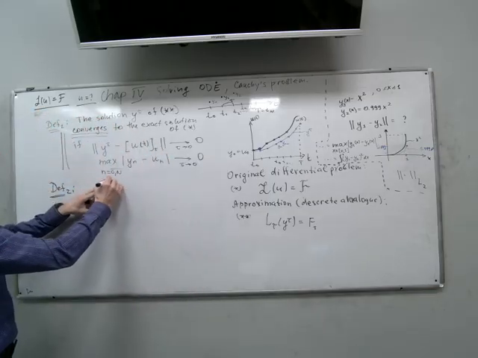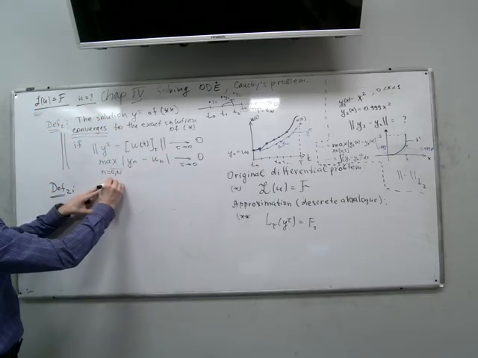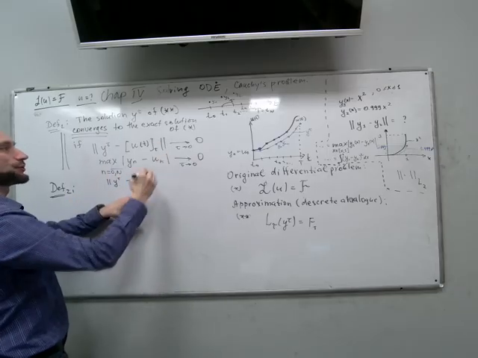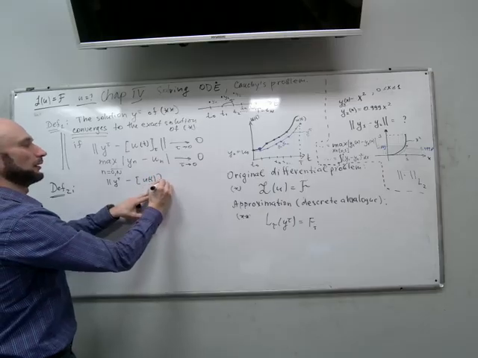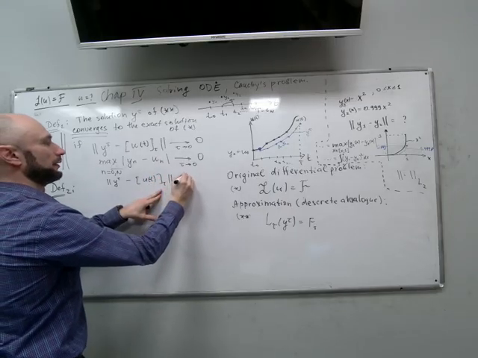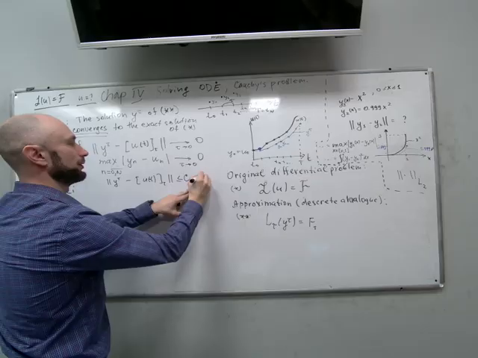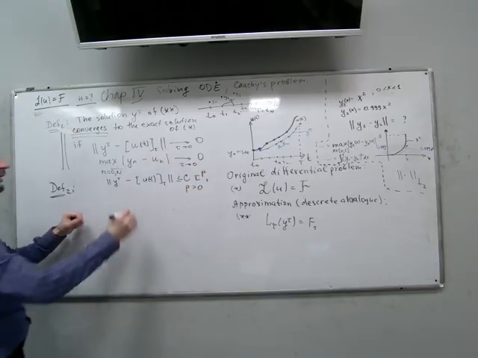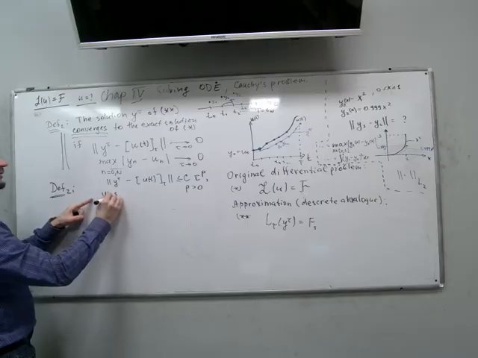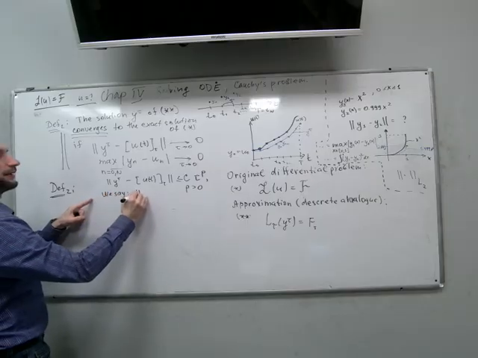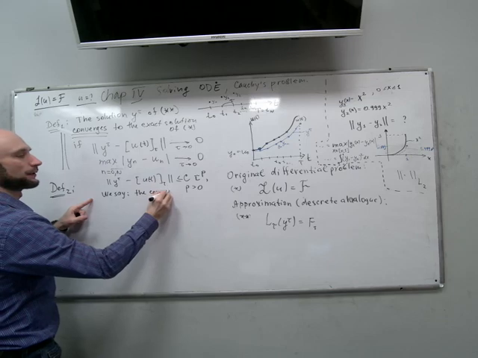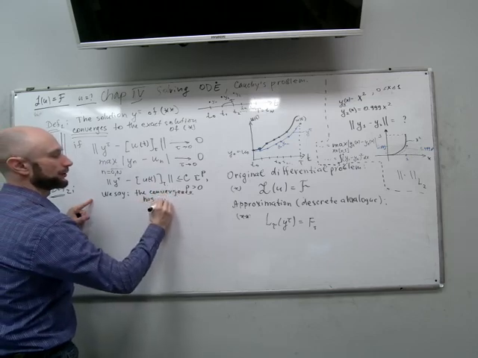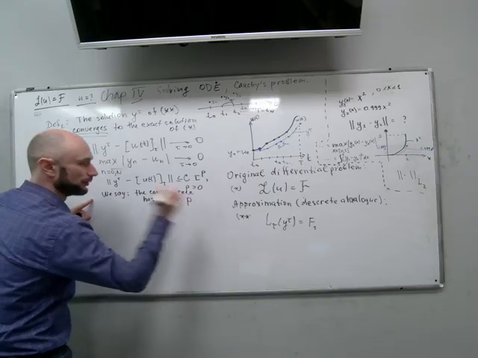And I forgot to mention one other thing related to the previous definition. So if this holds true, and moreover, the following relation holds true for some p more than 0, we say the convergence has order p.